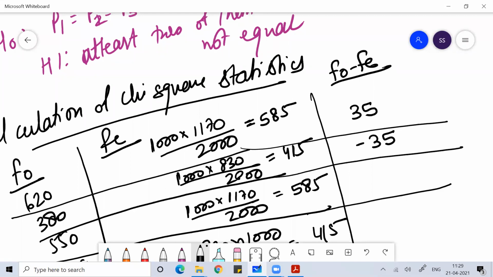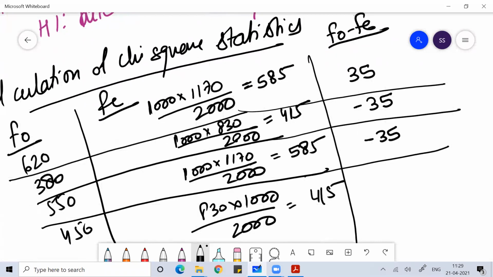Then 550 minus 585 is minus 35, and 450 minus 415 you will get 35. Let me know if there's any calculation mistake.